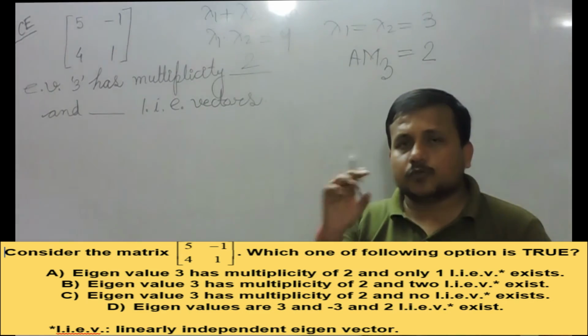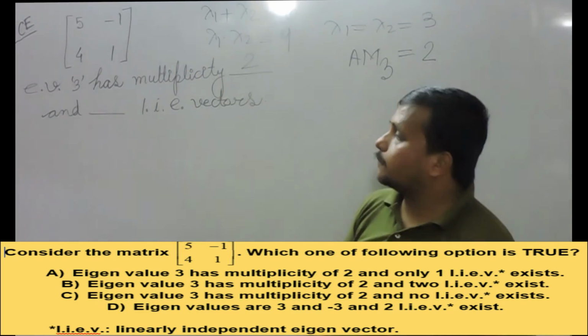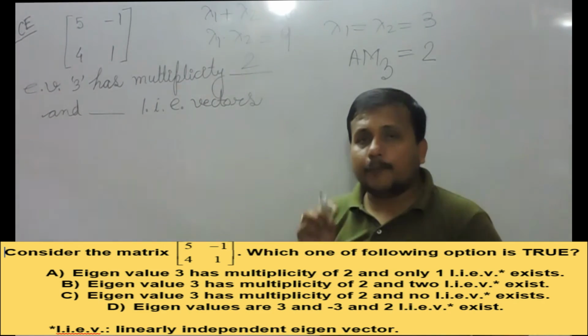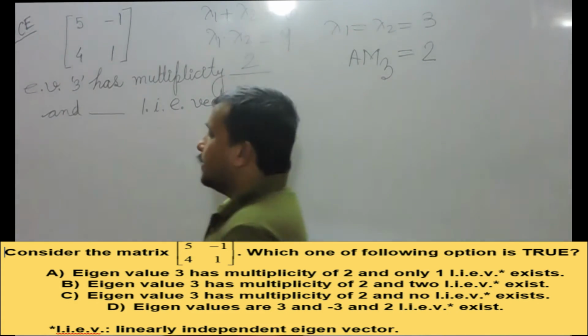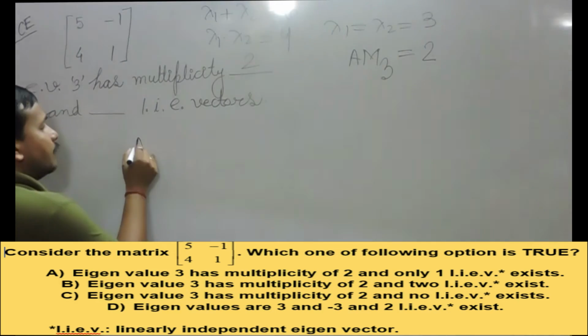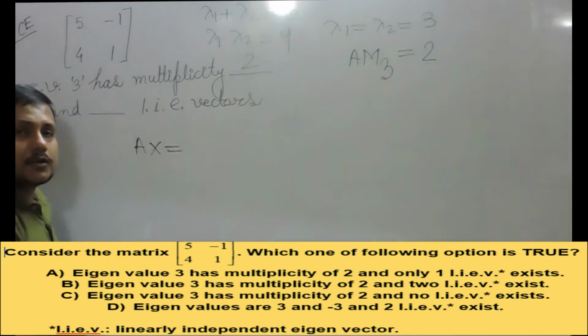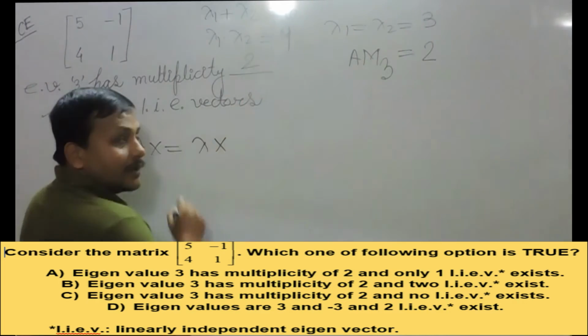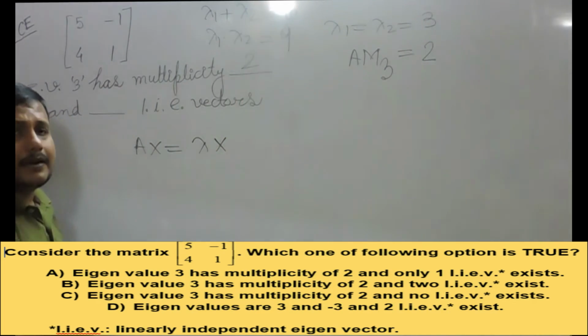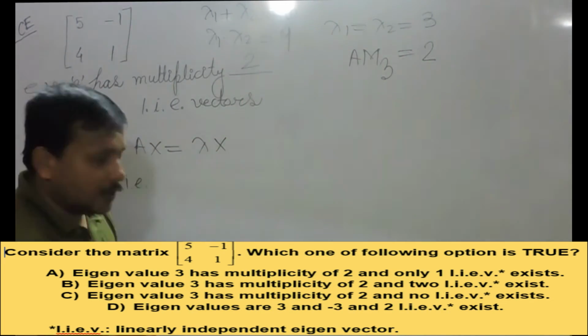The first part is over. What about the second part? Now we have to determine the number of linearly independent eigenvectors. For an eigenvector related question, you should start with Ax equals lambda x, or A minus lambda I multiplied by x equals 0. What is A?